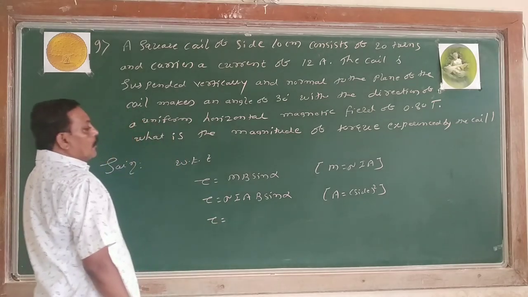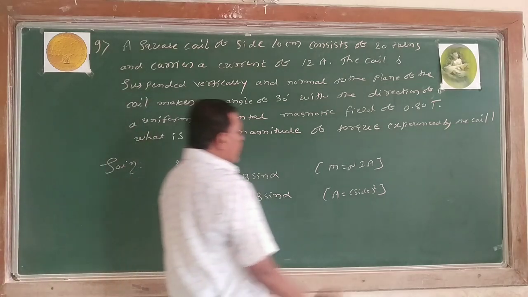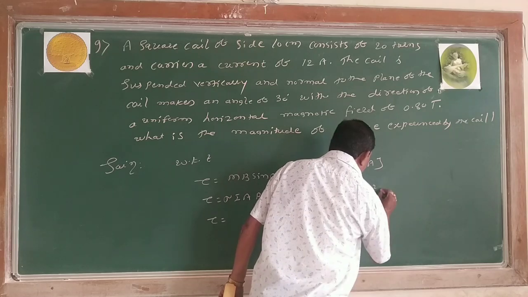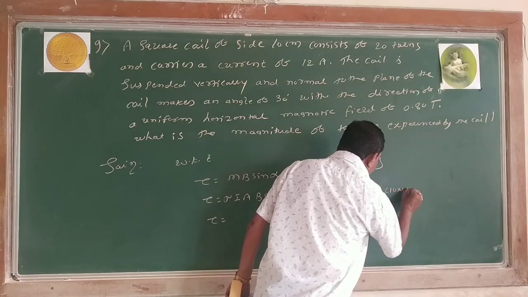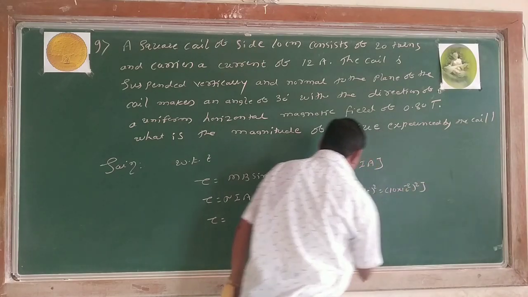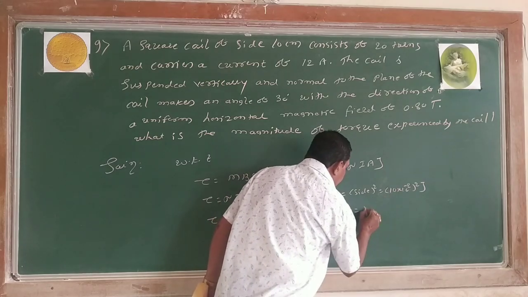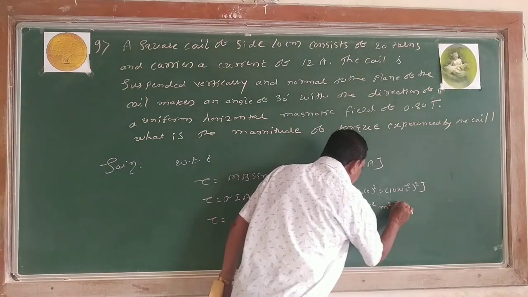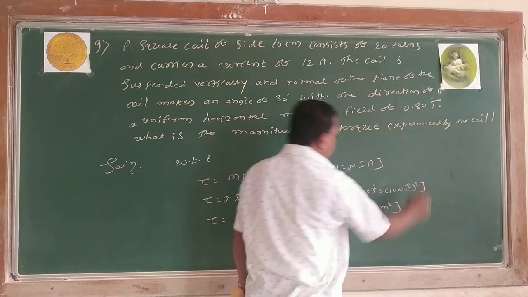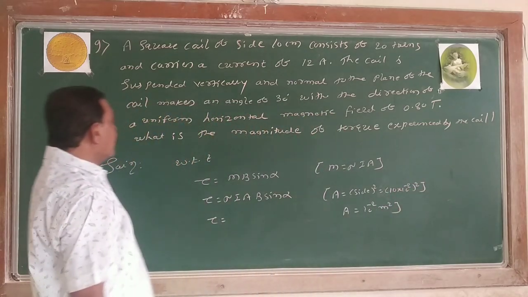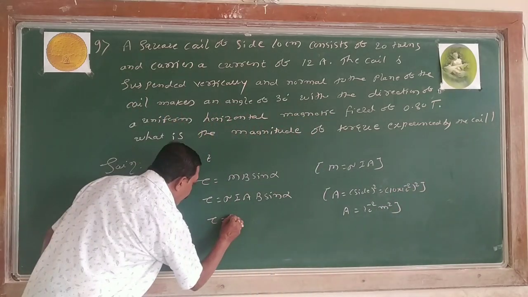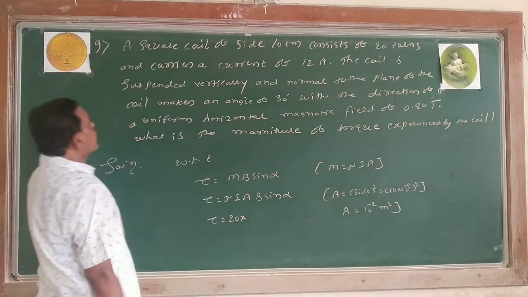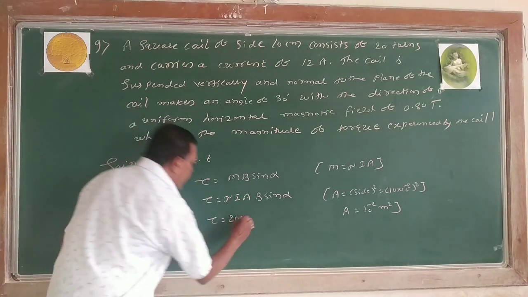10 centimeter. So here (10 into 10 to the power of minus 2) squared, area equals 10 to the power of minus 2 meter square. Substitute here. Number of turns 20. What is current? 12 ampere. What is area? 10 to the power of minus 2.